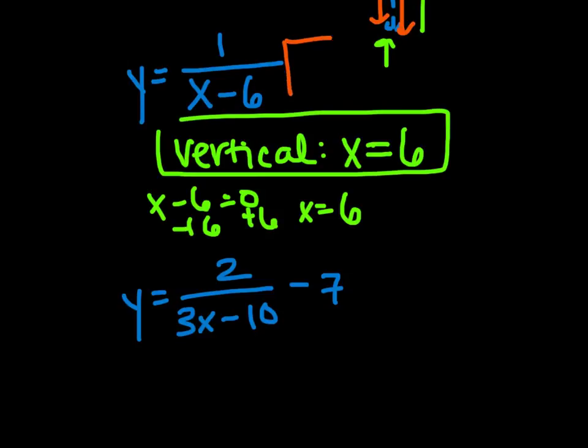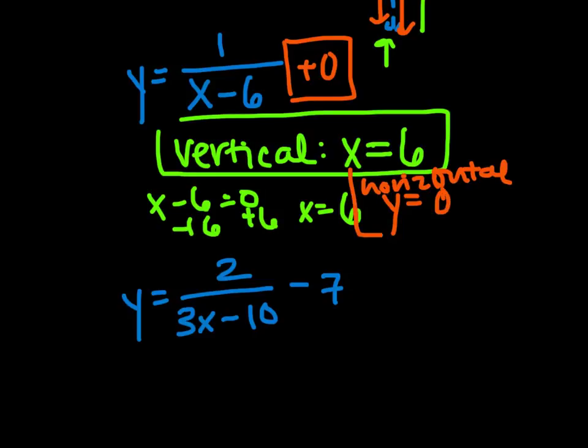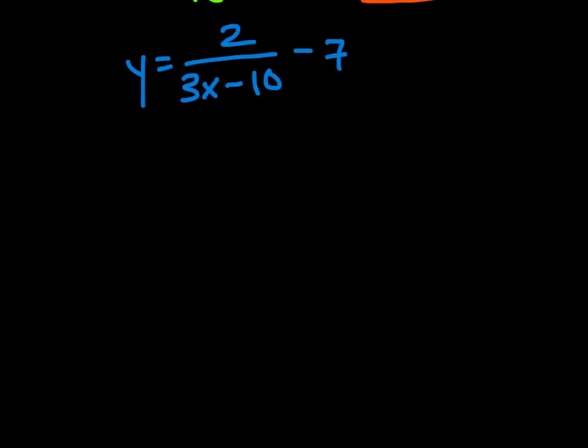We have a horizontal asymptote. Our horizontal asymptote is going to be at 0 because essentially there is nothing there for our c term in this case.